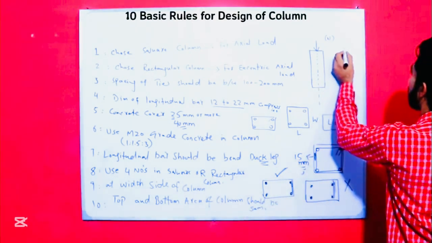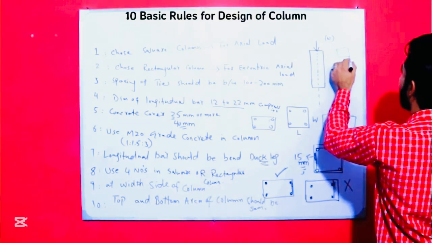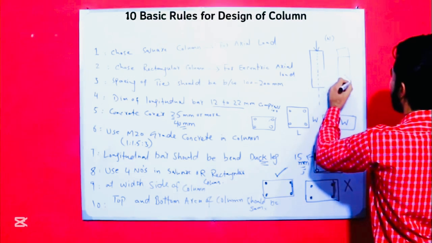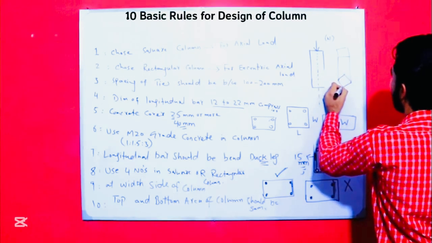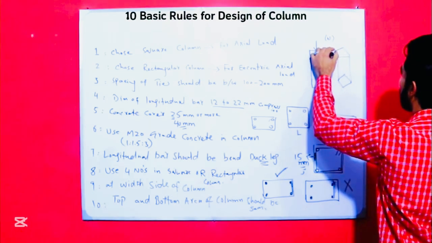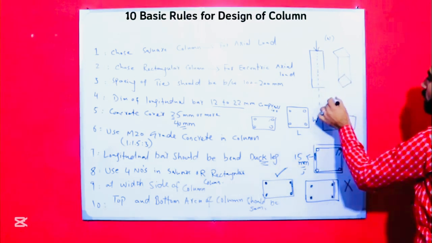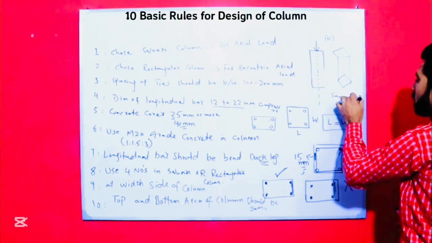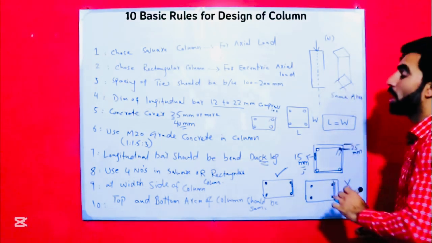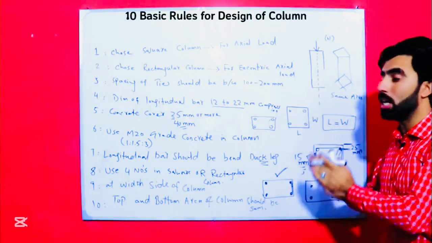As you can see, this is a column, and its top and bottom area should be the same. My diagram is not good, but I'll try. It does not mean that the width and length at the bottom should increase and the top should decrease. No, it should be the same at the top and also at the bottom.